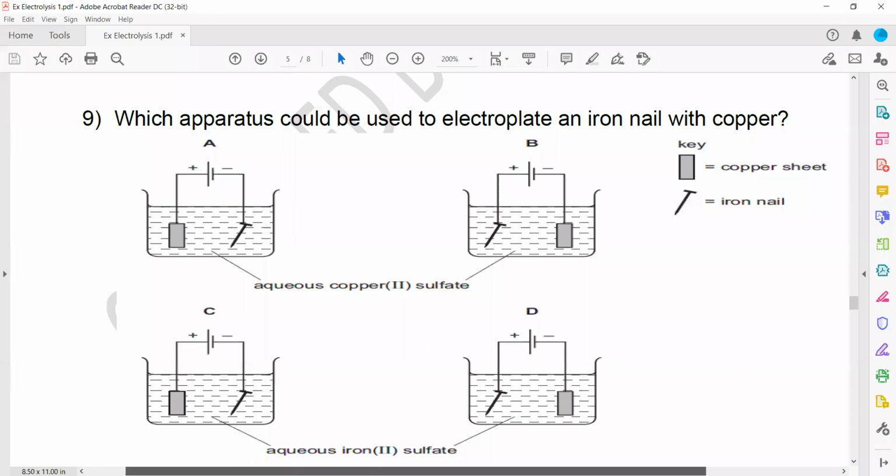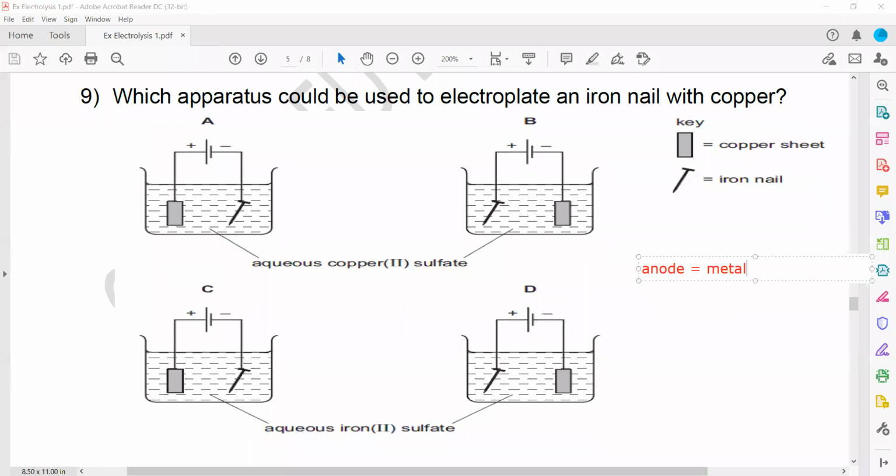The cathode is the object, and the electrolyte should be a salt solution of the metal.